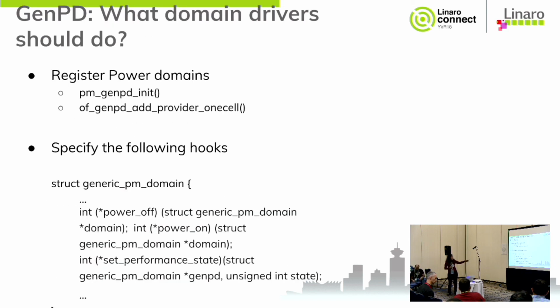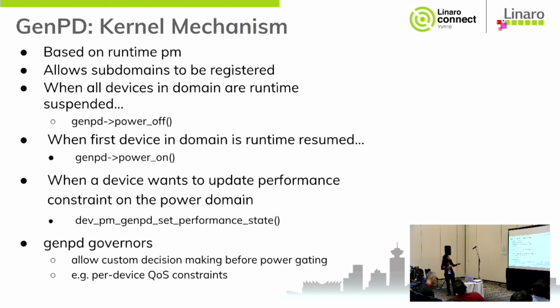Okay, I'll come back to set performance state in the next slide. So the slide is based on Runtime PM. The powering down of the power domain is taken care of internally by the framework. The idea is that if all devices in the system request to be active and idle through Runtime PM, it kind of knows whether the devices are active or idle.